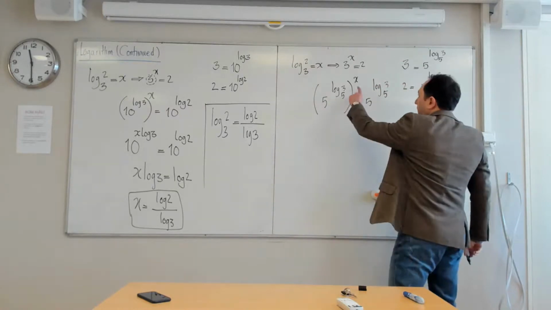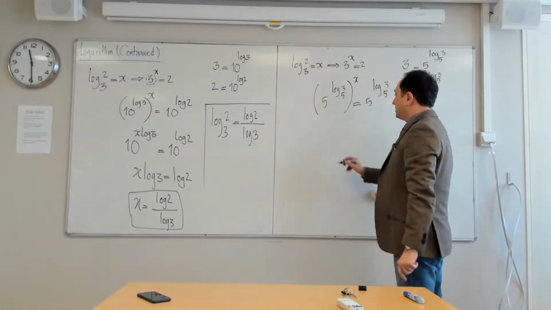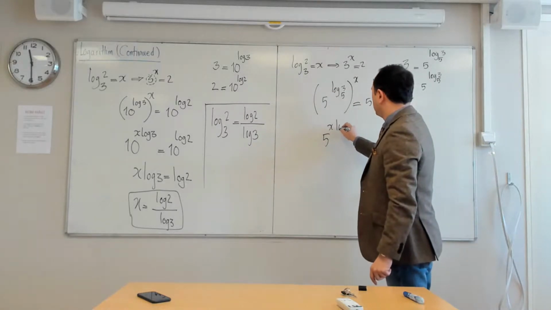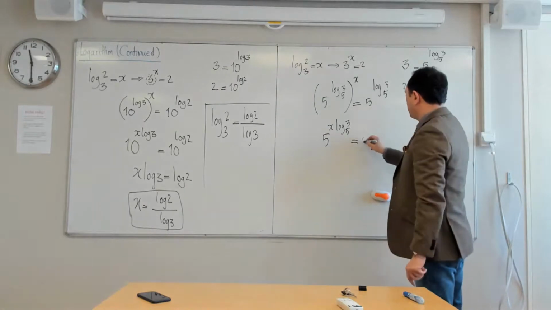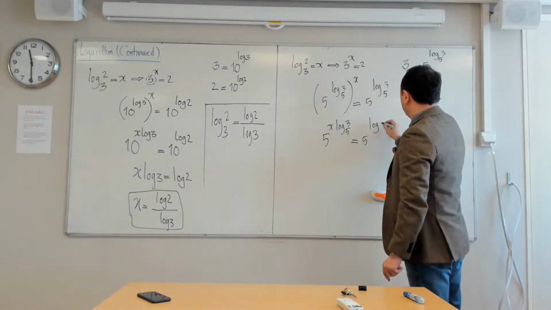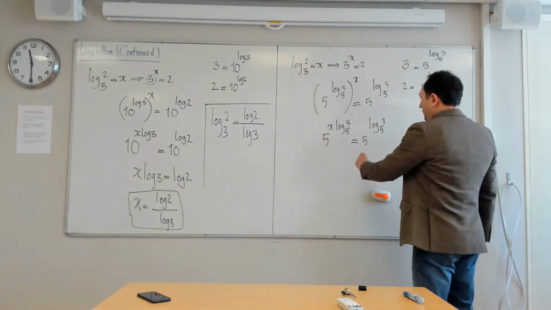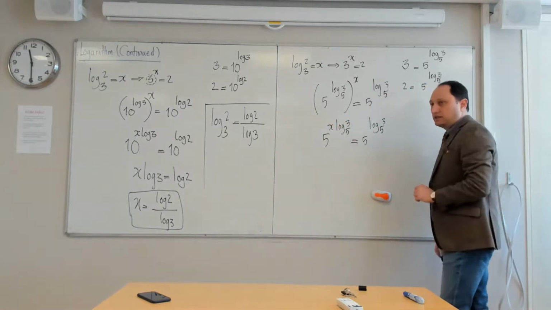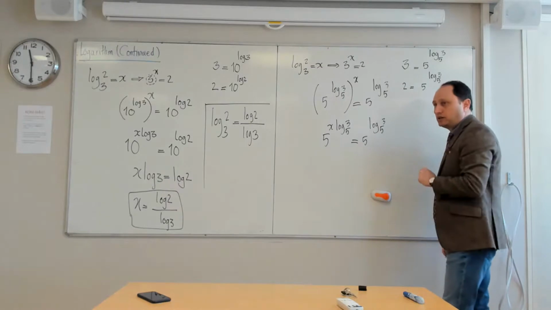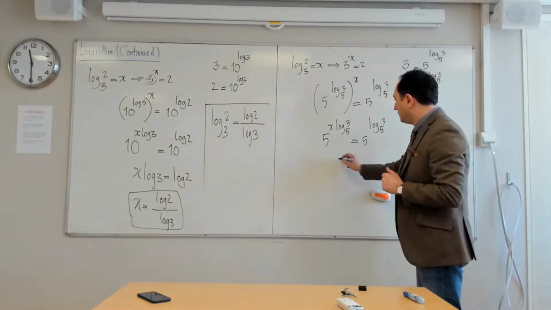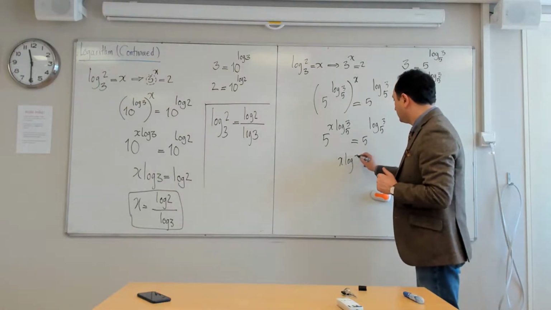But the same rule applies. x is multiplied by this is equal to this. And now I have a power of 5 on the left, another power of 5 on the right. They are supposed to be equal. This cannot happen unless I have this.